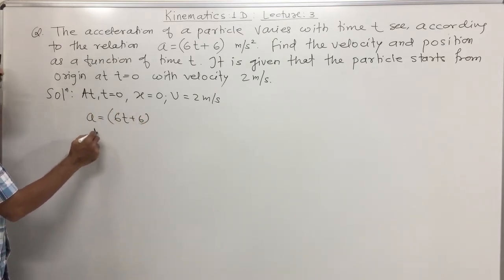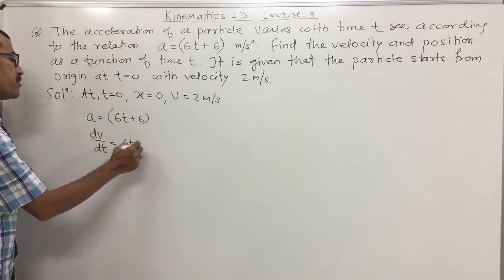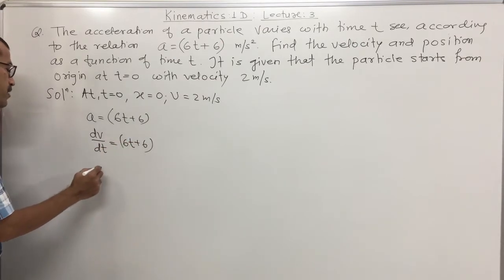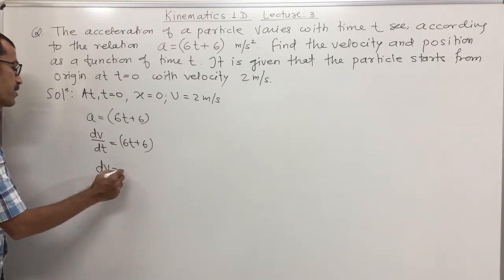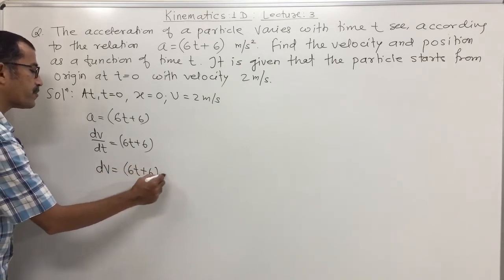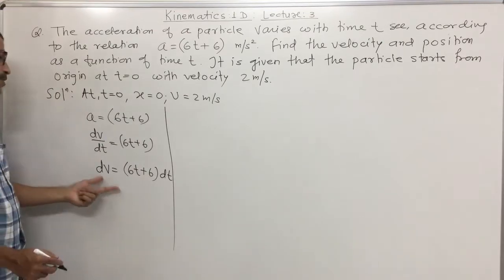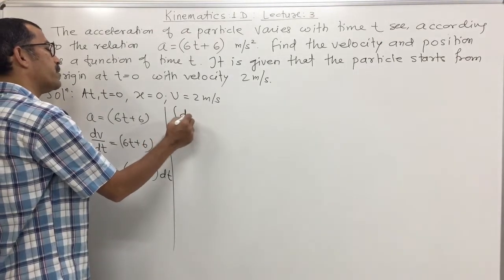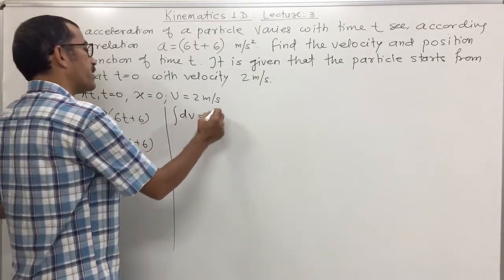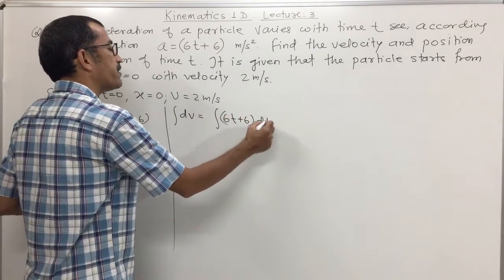So what will we write? A is dv by dt equal to 6t plus 6. That means dv is (6t plus 6) dt. Clear? Now we'll integrate it. Integral dv equals integral (6t plus 6) dt.